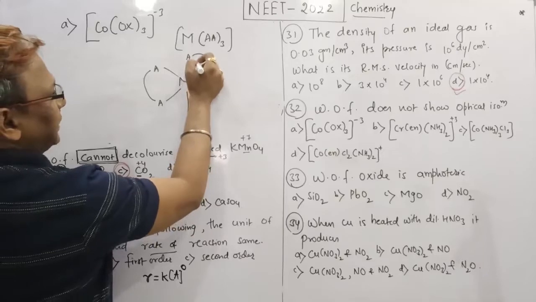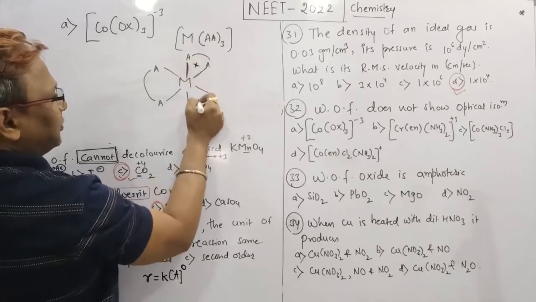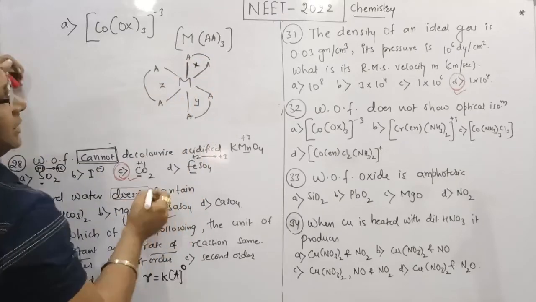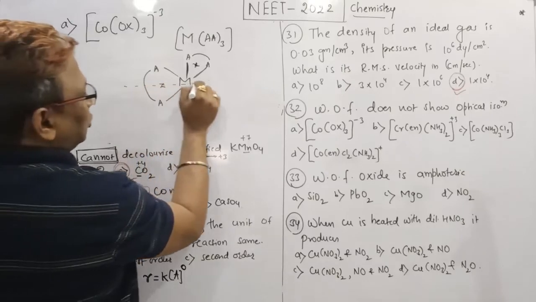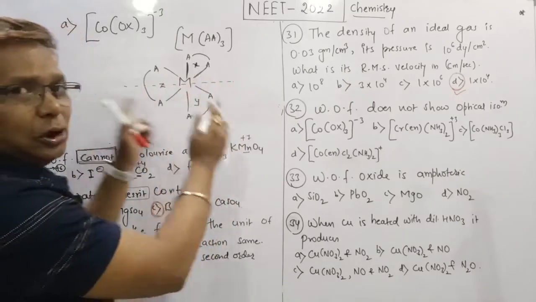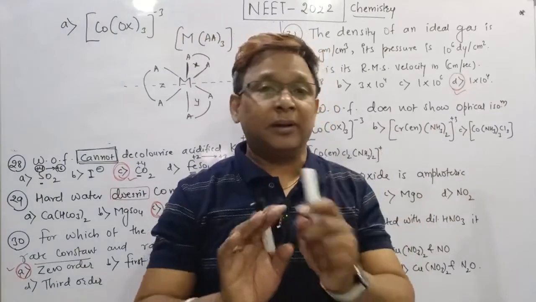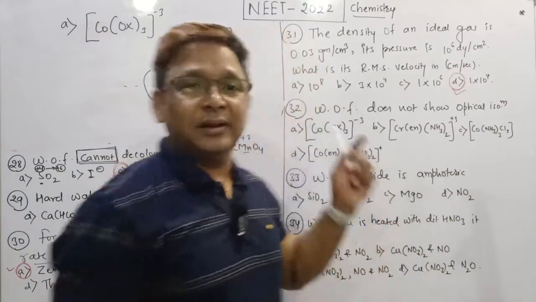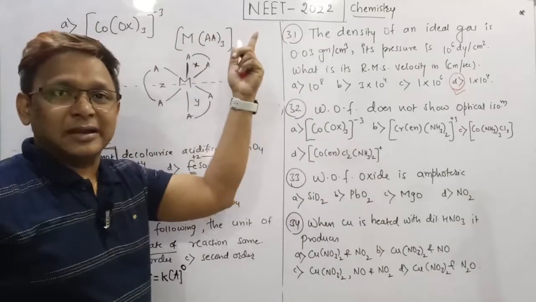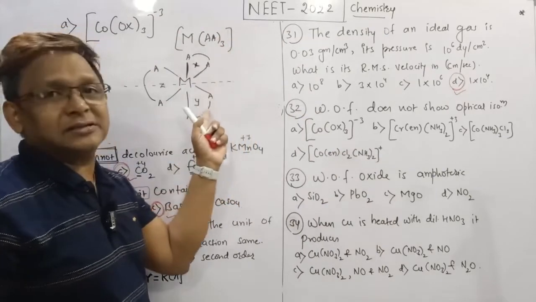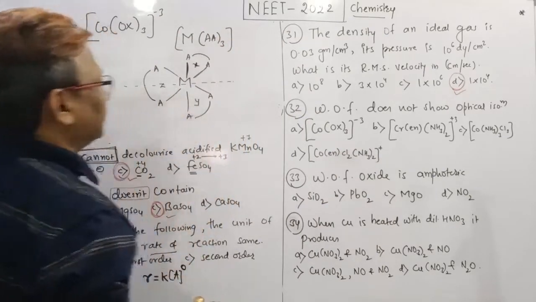Suppose one is on the x-axis, then another should be on y and another on z. If you want to cut it into two equal halves, it is not possible. One is on the x-axis, on the top side, one is on the y-axis at the bottom, and one is in the plane.